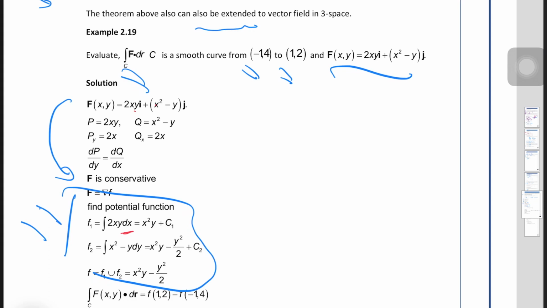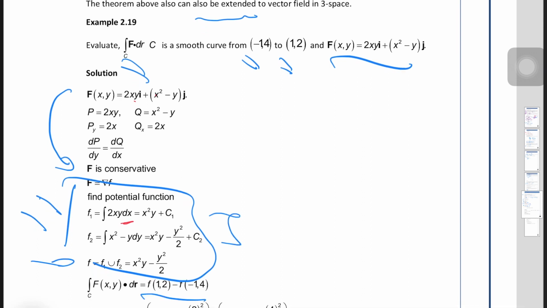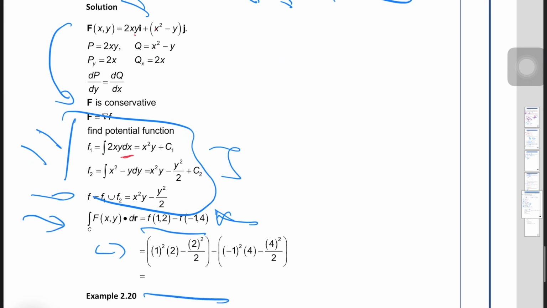For f2: integral of (x square minus y) dy equal to x square y minus y square over 2 plus c2. Okay, so dapatlah dia punya potential function adalah f. So then kita carilah dia punya work done, integral of F(x,y) dot dr equal to f(1,2) minus f(-1,4). So kita carilah jawapan dia sampai akhir.